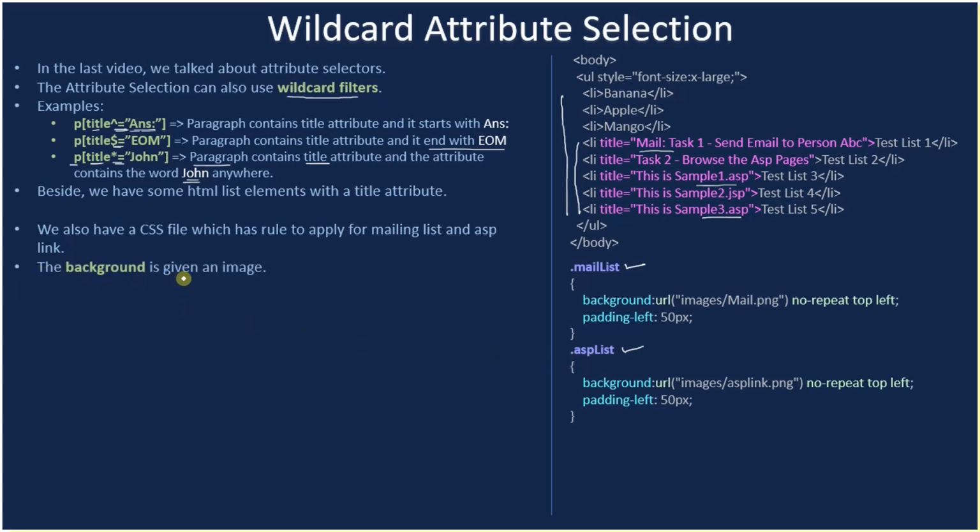The background is given an image. In both the CSS rules we use background, and the background is given an image using the URL, and we specify the image name here. That means in this example we will use two images, one for mail and another one for the ASP link.